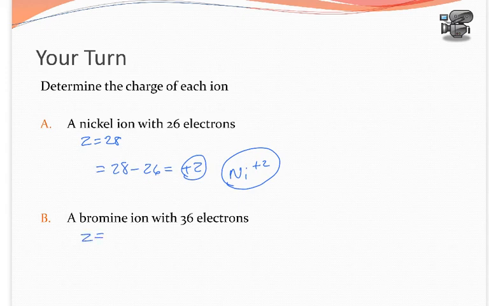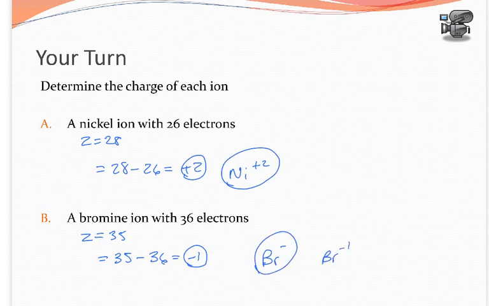Bromine has an atomic number of 35, and so we plug in our number of protons minus our number of electrons, which gives us negative 1. So we write bromine as negative, like that. We don't have to write bromine as negative 1 like that, because whenever we write the negative by itself, let's assume the 1 is there.